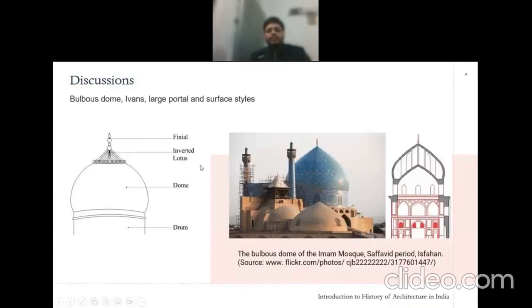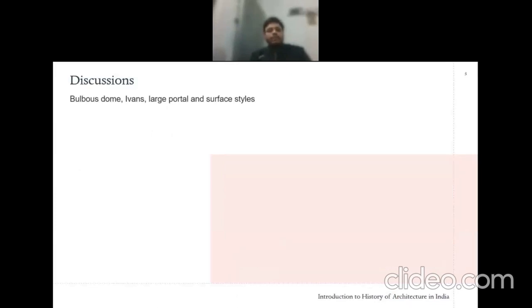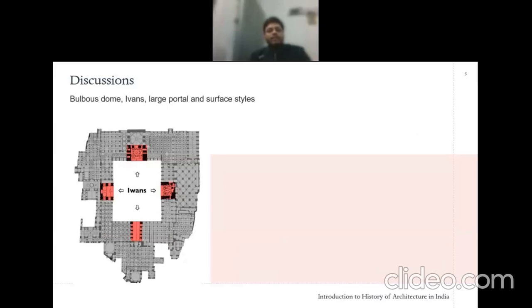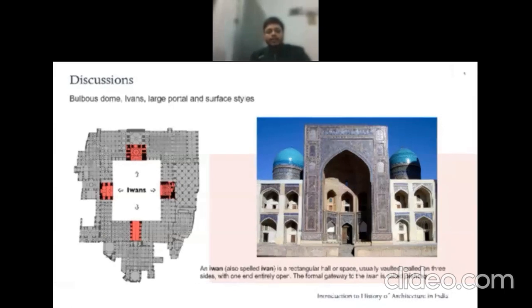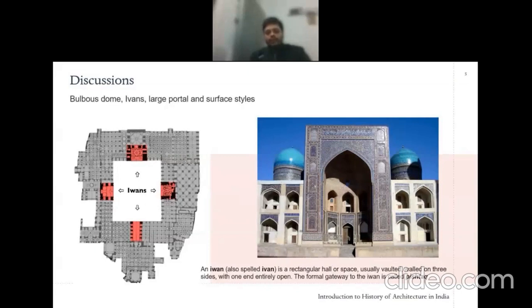You can see another example of a bulbous dome, the Imam Mosque. The second was Ivans. Ivan, also spelled IWAN, is a rectangular hall or space usually walled on three sides with one end entirely open.